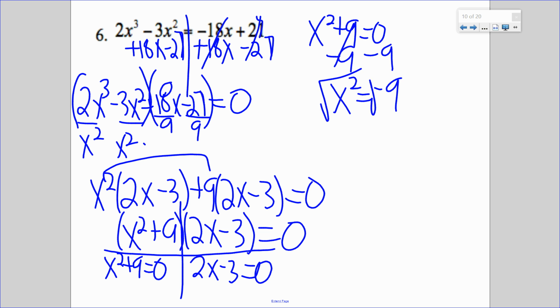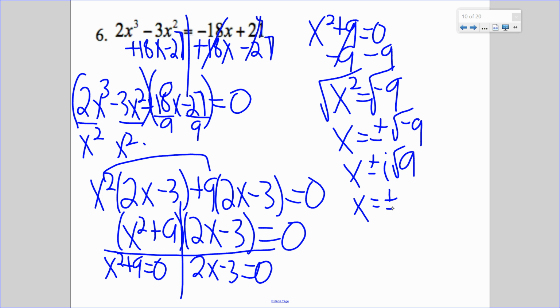When you take the square root, it's plus or minus. Now radical negative 9, the negative comes outside and becomes an i. Radical 9 is 3, so I get plus or minus 3i.